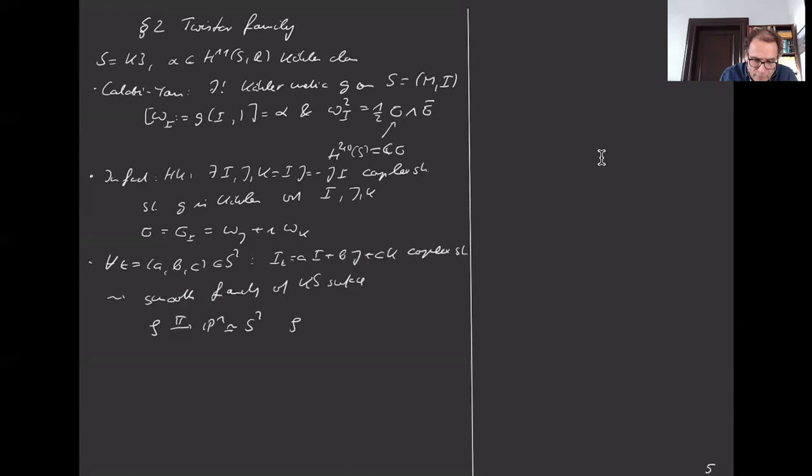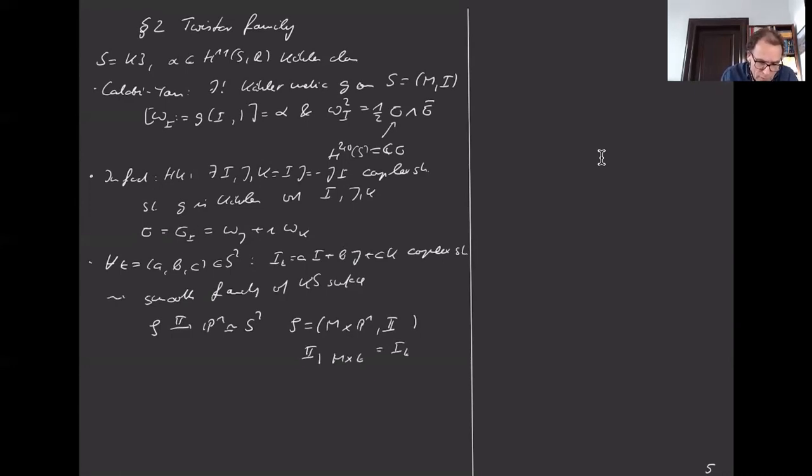So S is really nothing but the differential manifold M times P1, endowed with a complex structure such that, restricted to M times t, it is nothing but the complex structure I_t I just defined for you.